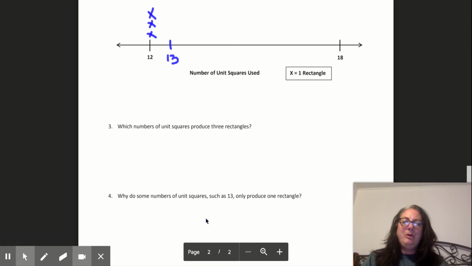It has to do with prime and composite numbers. Remember, prime numbers only have 1 and itself as factors. Composite numbers have more than 2 factors. Prime numbers only have 2 factors, 1 and itself.